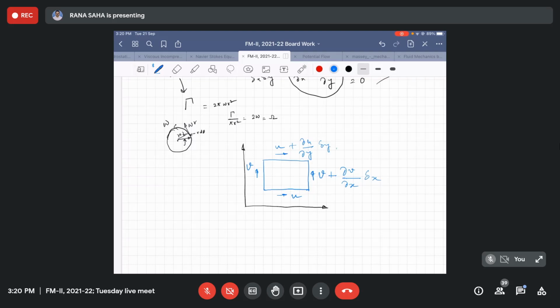Right? So you need to have a stress. For a fluid element, the source of this torque could be due to the presence of shear stress, thereby shear force, and that will actually result in the torque.